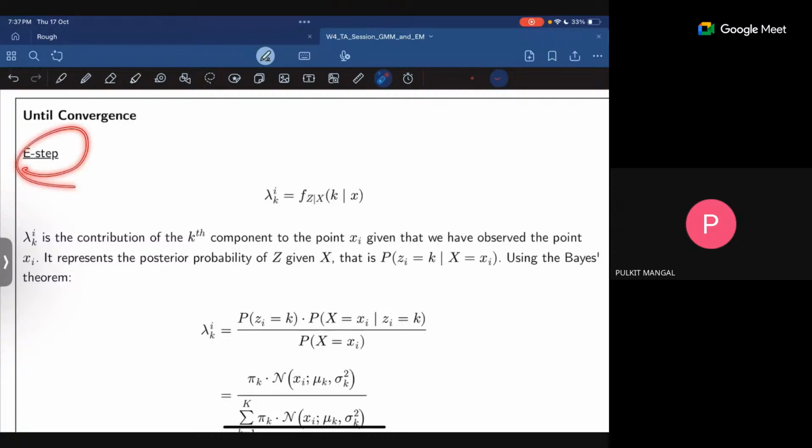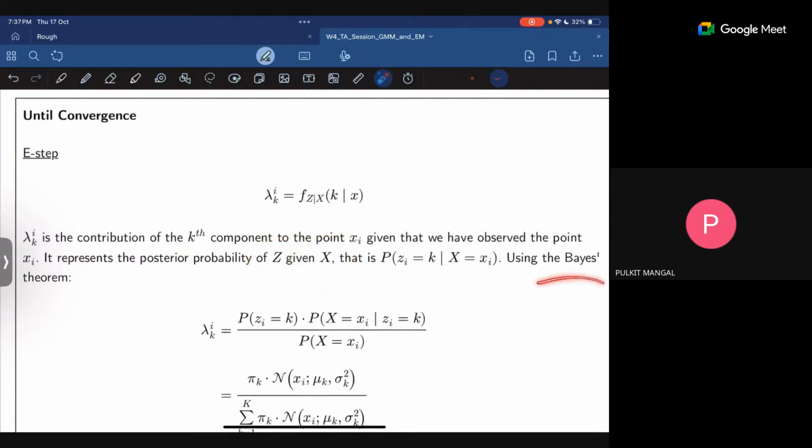In the E step, as we talked about, we will update the value of lambda ik, that is the conditional probability. It is the contribution of the kth component to the point xi, given that we have observed the point xi. We can also say it represents the posterior probability of z given x.